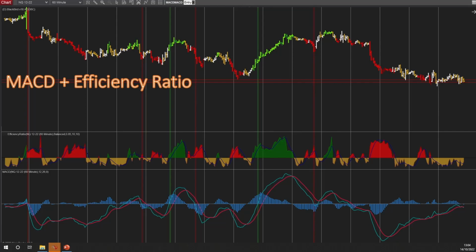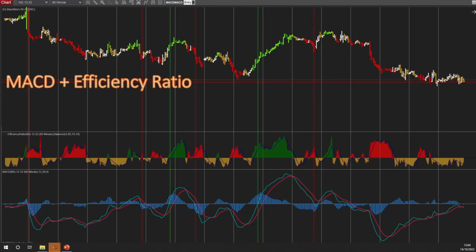A perfect sideways market without momentum in either direction will show a value of 0. More specifically, the efficiency ratio compares momentum with volatility. Basically, the efficiency ratio will help you to stay out of the market during range-bound periods.